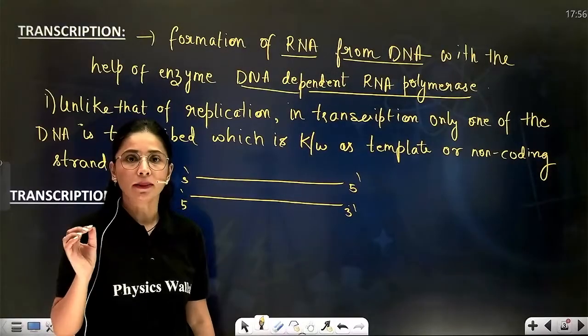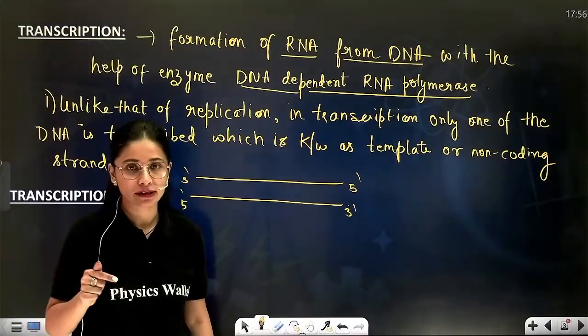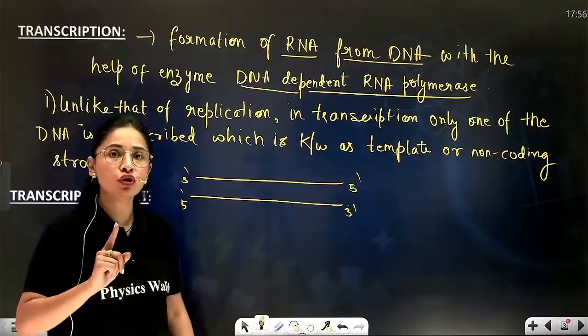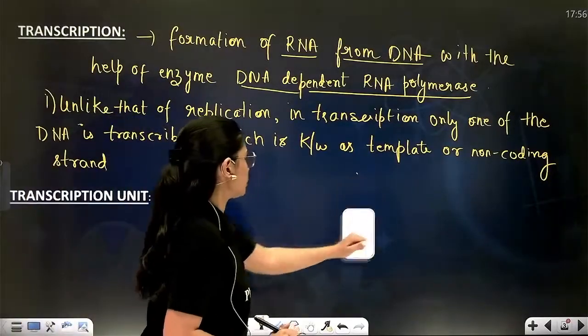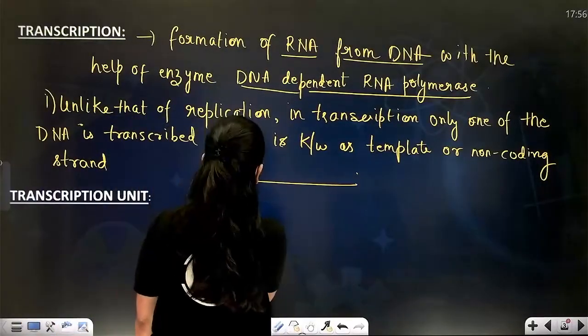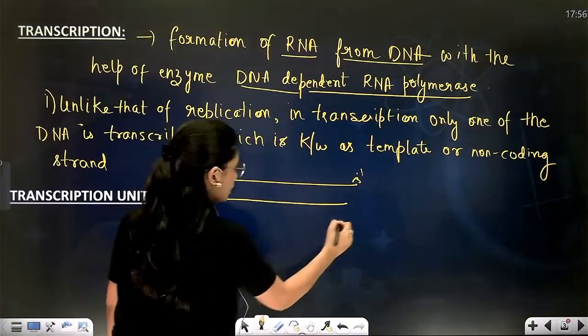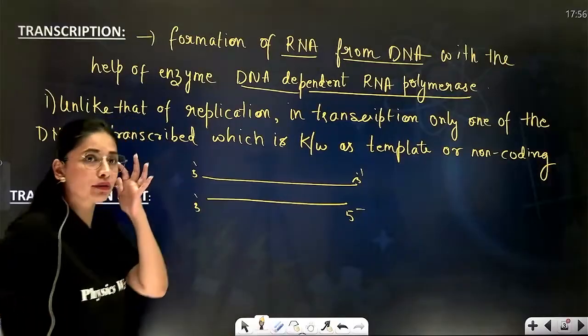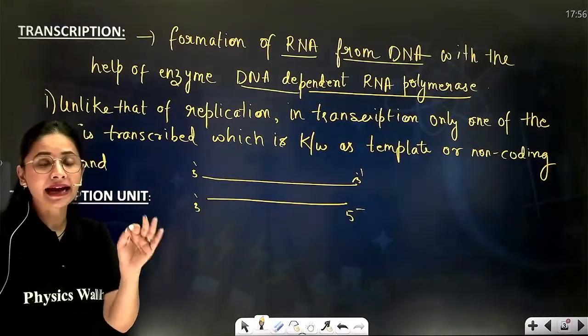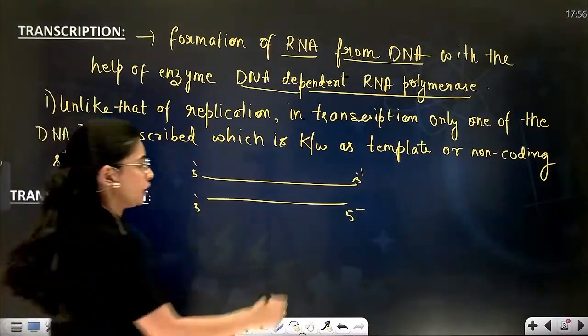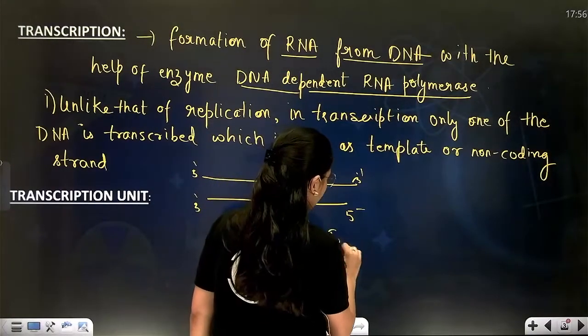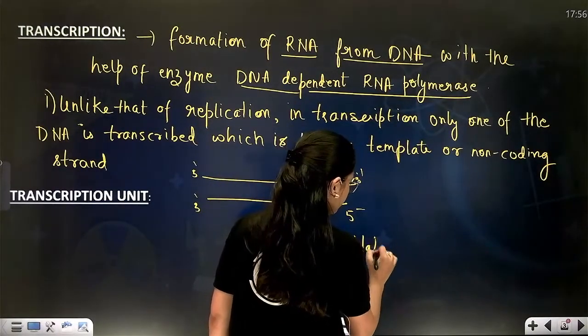That means the polarity of the template has to be 3' to 5'. So now, if these are my DNA strands, the strand with polarity 3' to 5' acts as the DNA template. So this strand is going to act as the template.